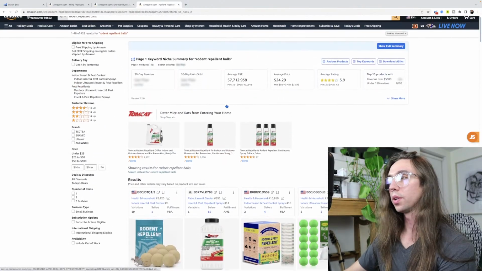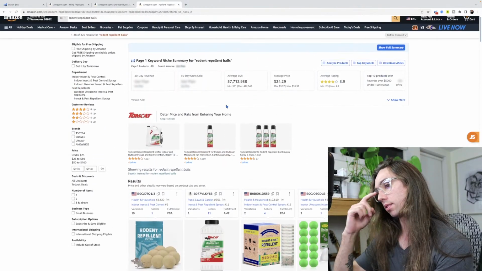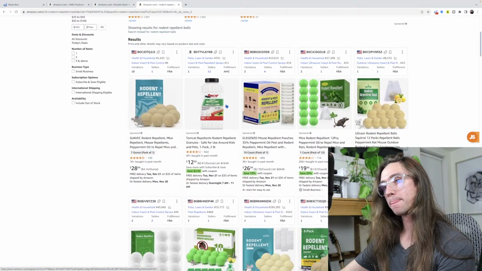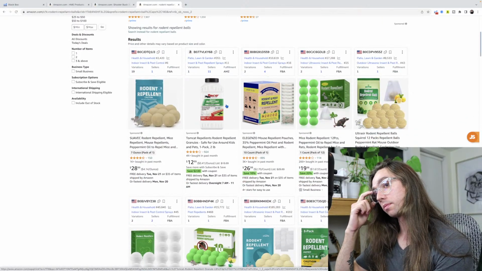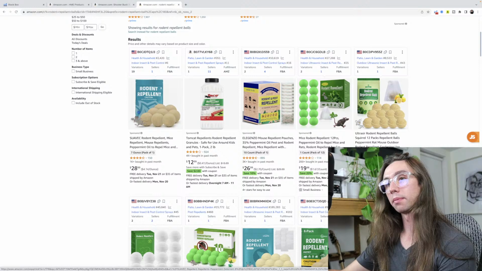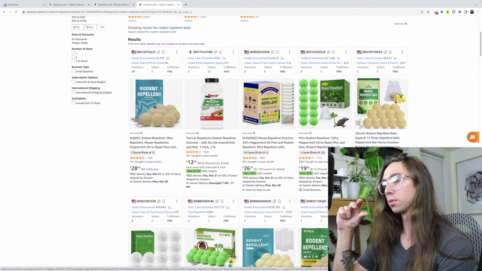So rodent repellent is rodent repellent balls. It's interesting. I like what they're getting at here with the mouse running away. I am curious if we can do an even better job of that. What if we made the repellent balls look like little bombs?